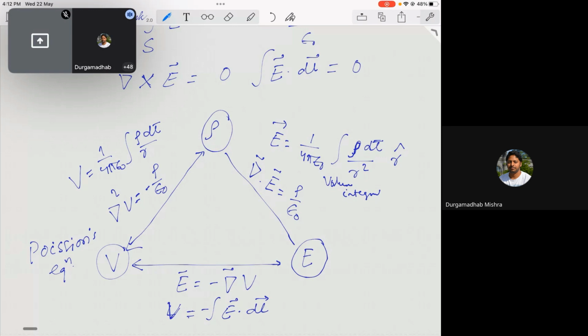Again, we are going to use all these equations that we have written down here, and we will use them to calculate the electric field or potential for a given charge distribution. Okay, so let me take an example. Everything that I am talking about is from the book that you have.